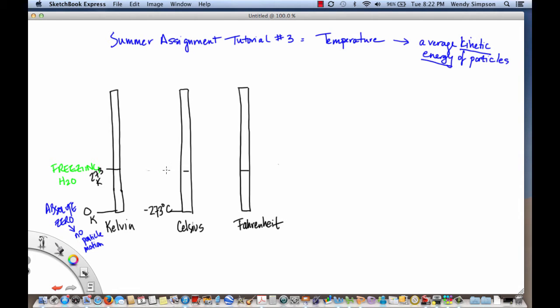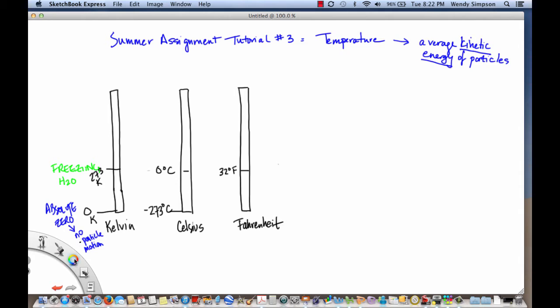And in Celsius, it is 0 degrees Celsius. Okay? And we can hop over to the Fahrenheit scale for now, because now we're in familiar territory. The freezing temperature of water in Fahrenheit is 32 degrees Fahrenheit.